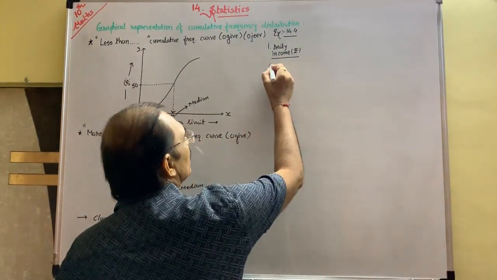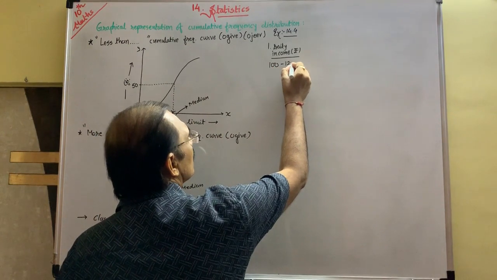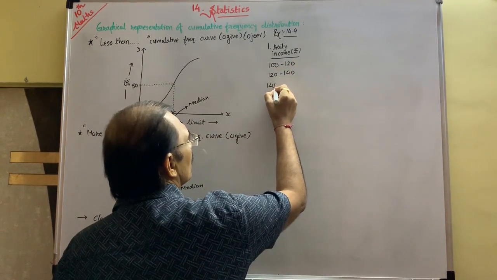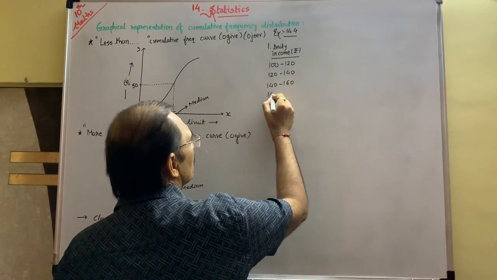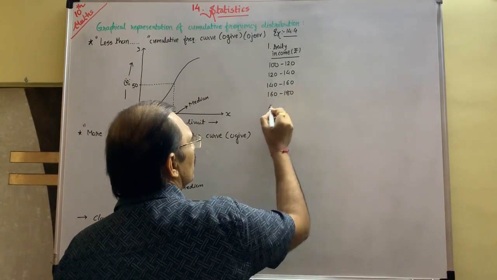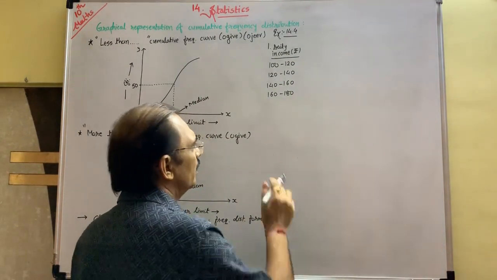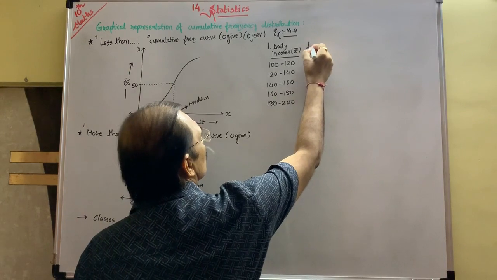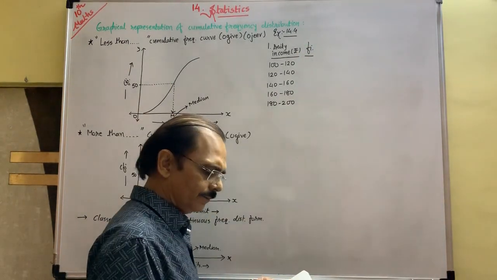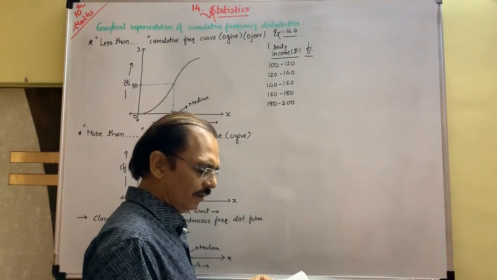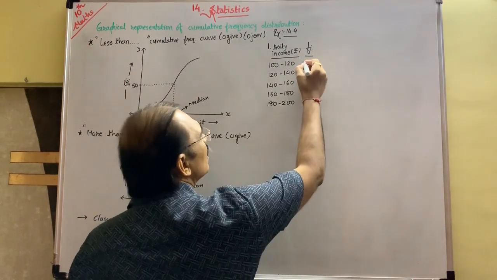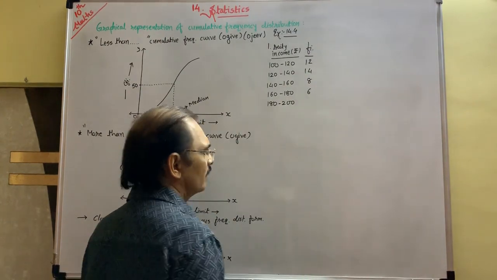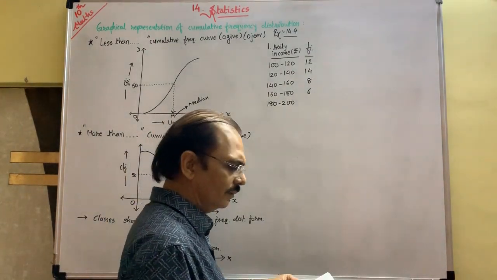Daily income in rupees: 100 to 120, 120 to 140, 140 to 160, 160 to 180, and 180 to 200. Frequencies 12, 14, 8, 6 and 10.